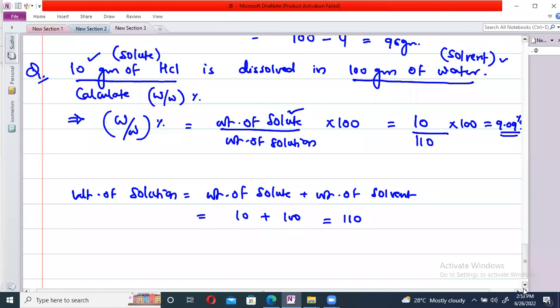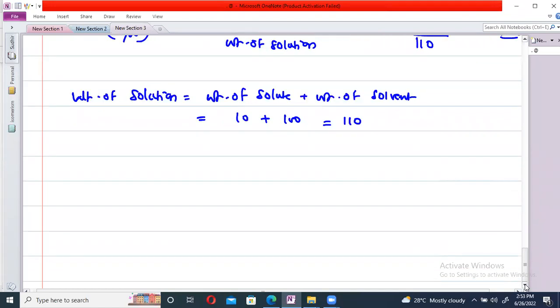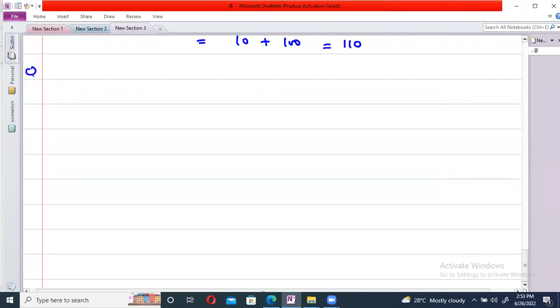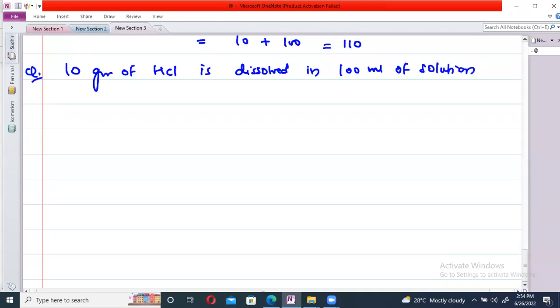But the same question now, if I write the same 10 gram of HCl dissolved in, instead of 100 gram of water, I'll write 100 ml of solution.